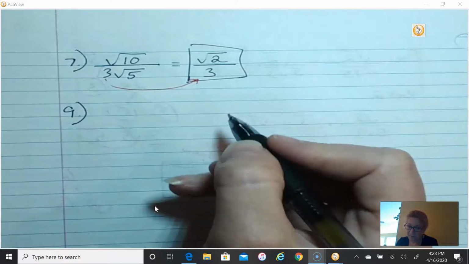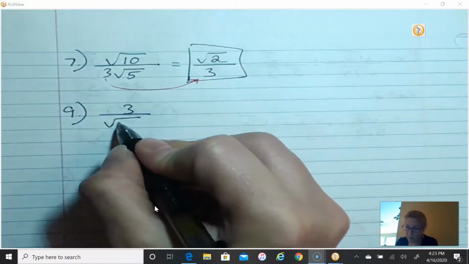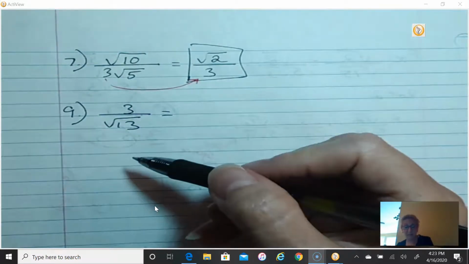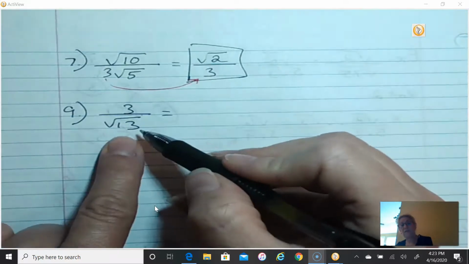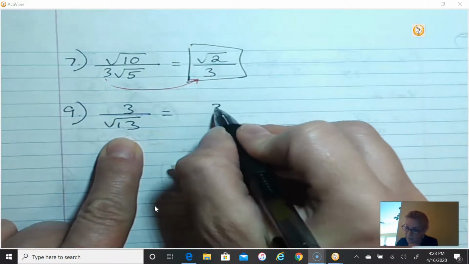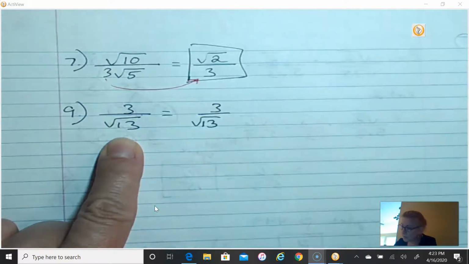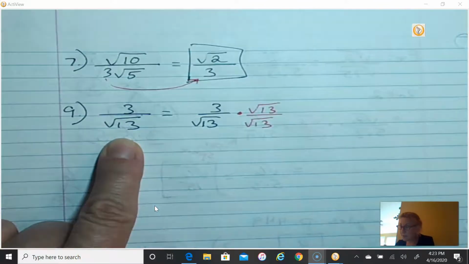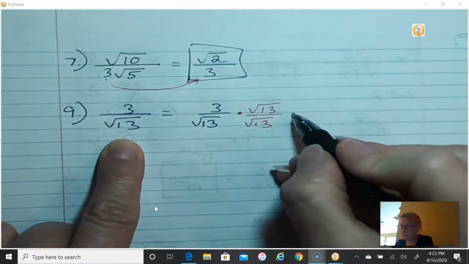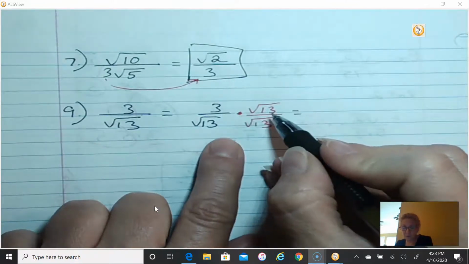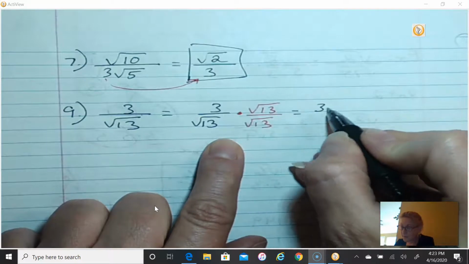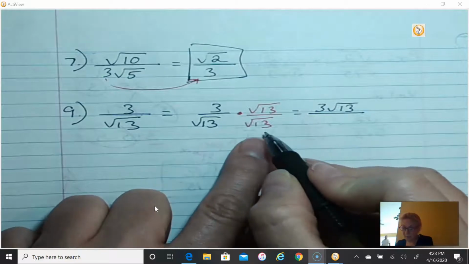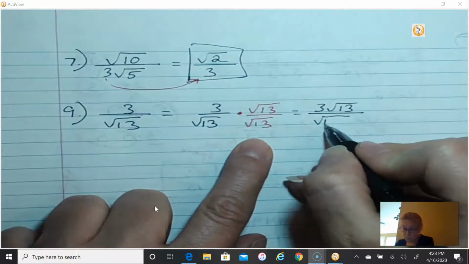All right, let's look at 9. 3 over square root of 13. Oh, man. There's no dividing. There's no simplifying. There's no nothing. Can you have a square root in the bottom? No, you cannot. So we got to get rid of it. And you do that by multiplying top and bottom by itself, by that square root. 3 times the square root of 13 over square root of 13 times square root of 13, square root of 169.